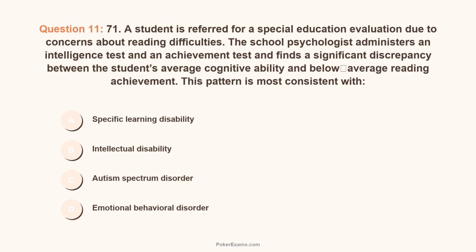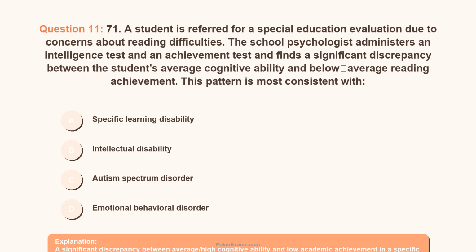This pattern is most consistent with: specific learning disability, intellectual disability, autism spectrum disorder, emotional behavioral disorder. A significant discrepancy between average or high cognitive ability and low academic achievement in a specific area is a traditional indicator of a specific learning disability.